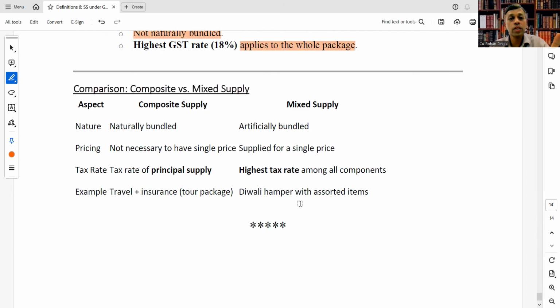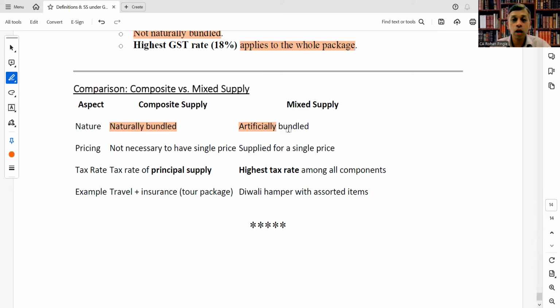And here we can see the comparison. Naturally bundled is a composite supply. Artificially bundled is a mixed supply. On pricing, a single price is not necessary for composite supply, whereas mixed supply is supplied for a single price. The tax rate is that of the principal supply in case of composite, and in case of mixed, the highest rate of tax.